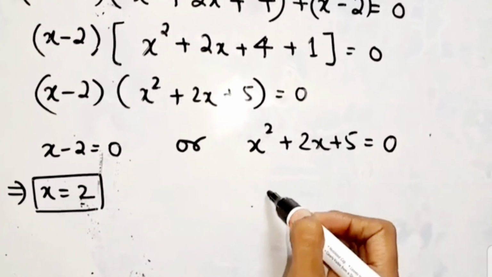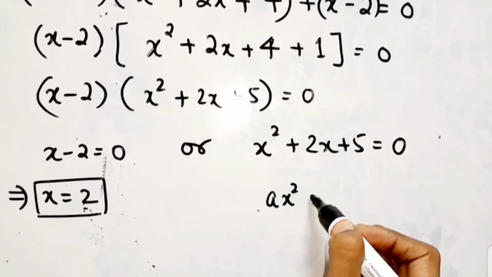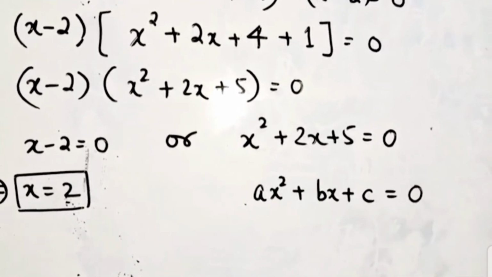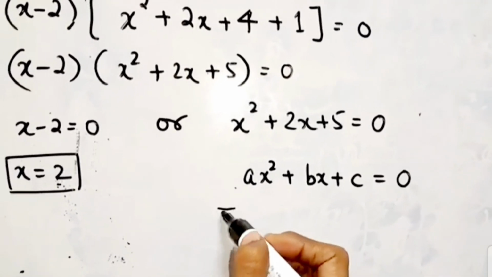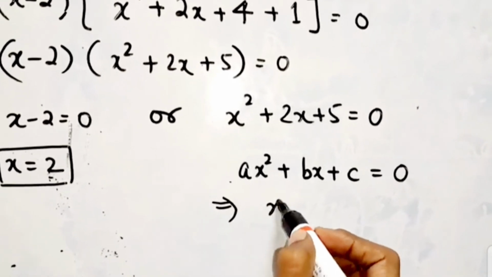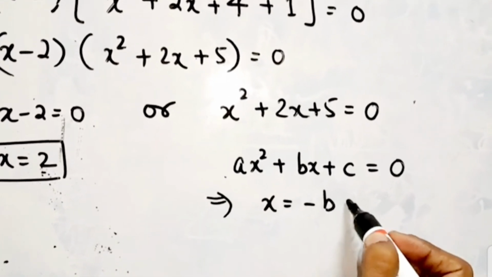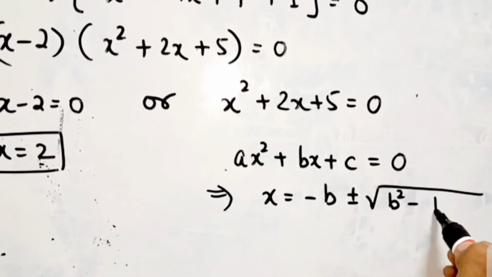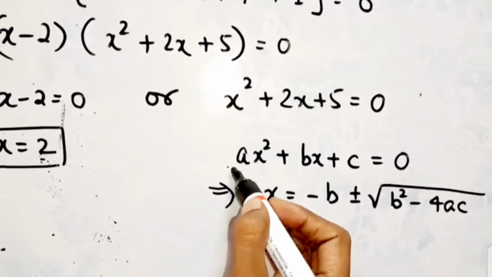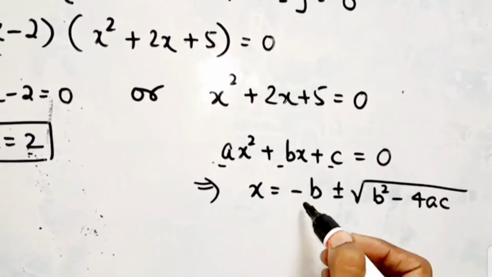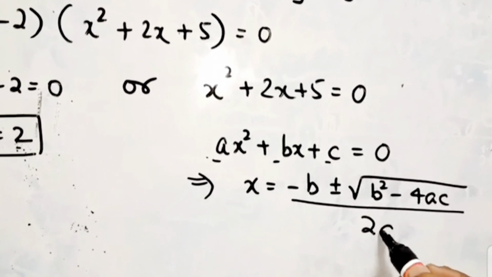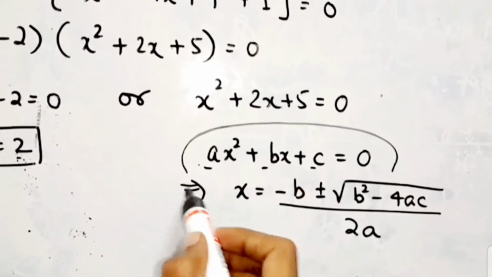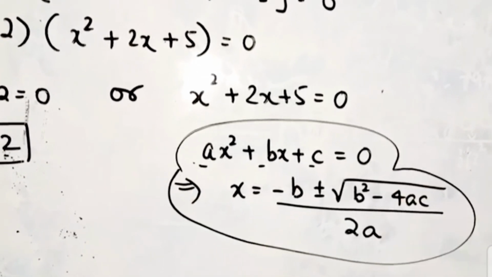So it is of this form, that means ax square plus bx plus c equals to 0, whose solution is given by, we know that x equals to minus b plus or minus square root of b square minus 4ac, here a, here b, here c, so this whole divided by 2 times a. So we know that if a quadratic equation is of this form, its solution is given by this.